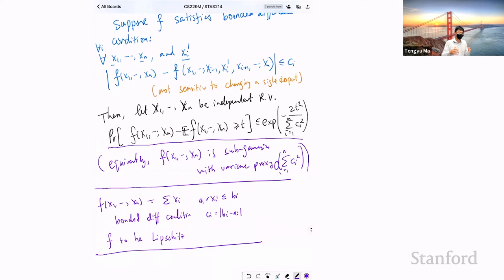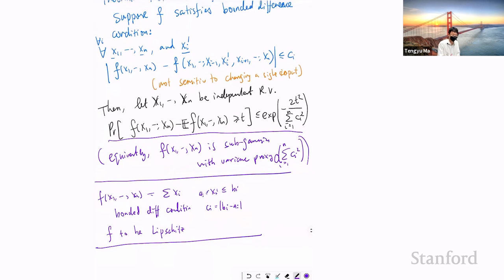For example, in the sum case you need the xi's to be absolutely bounded between ai and bi. This is a little bit different from the intuition we had about sub-Gaussian. Before we were saying that if each random variable has a fast tail, then the sum also has a fast tail. But here you need some kind of absolute restrictions, right?